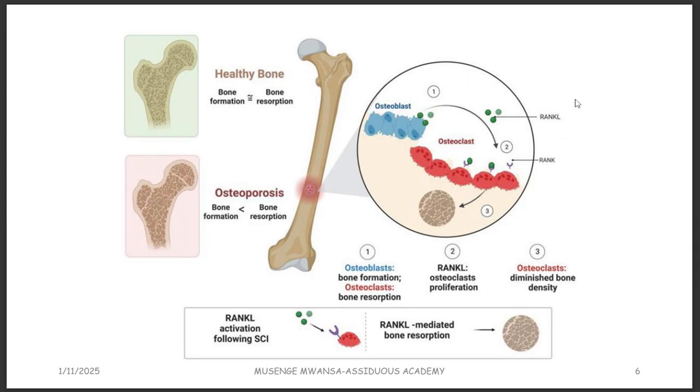The attachment of RANKL, this is the ligand, it will attach on the receptor, which is the RANK, which is found on the osteoclast. Now osteoclasts have been stimulated. That's when there's going to be breaking down of bone.